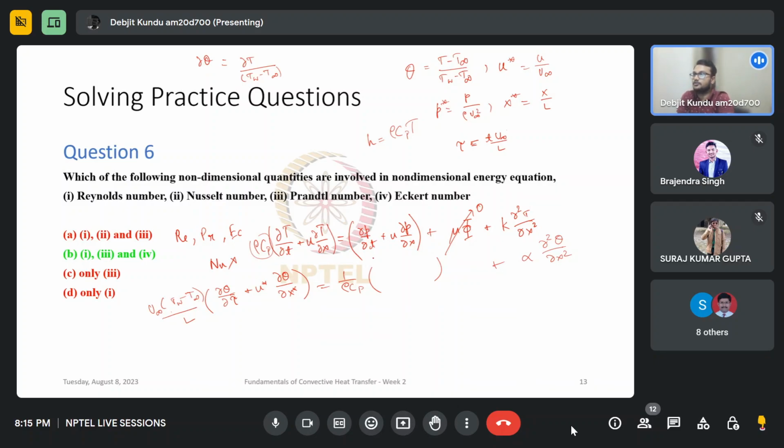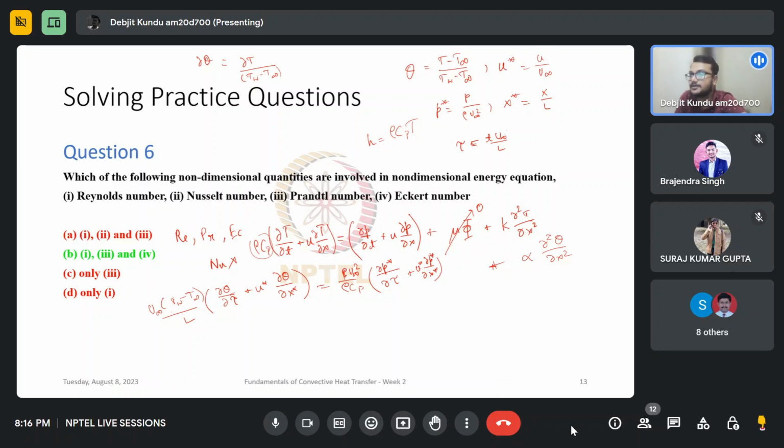Then dou p dou t. In this case, p would be rho u infinity square into p star. So I'll have a rho u infinity squared over here, and the rest of this stuff would be inside. So dou p star dou tau plus u star into dou p star dou x star. Plus we have alpha into this.